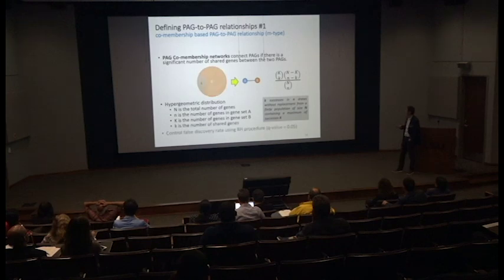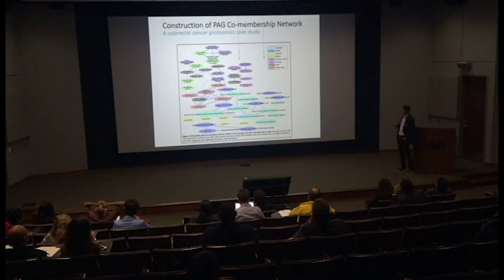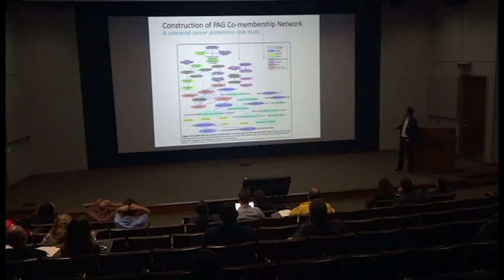I won't bother to show you the details, but essentially this is a result of constructing a network for a colorectal cancer proteomics case study, and this is also published. Each node here represents a potential path, and the color indicates where the path may come from.